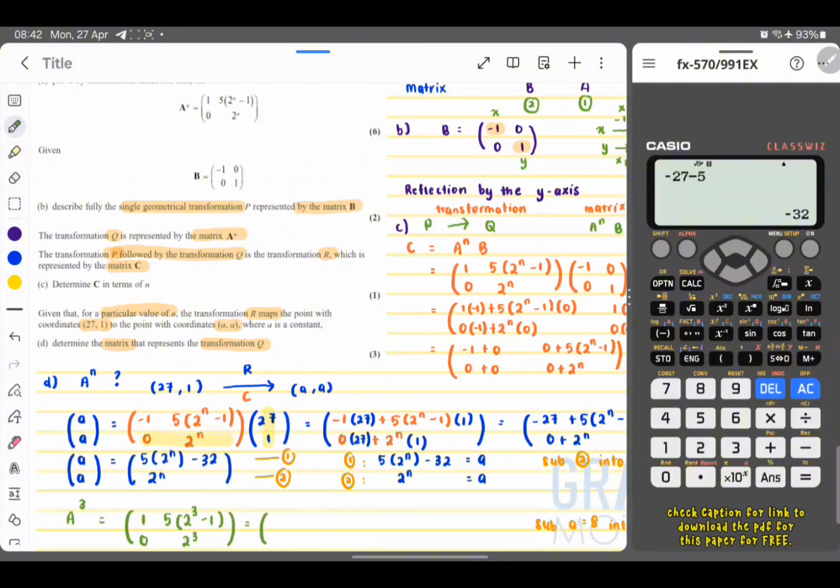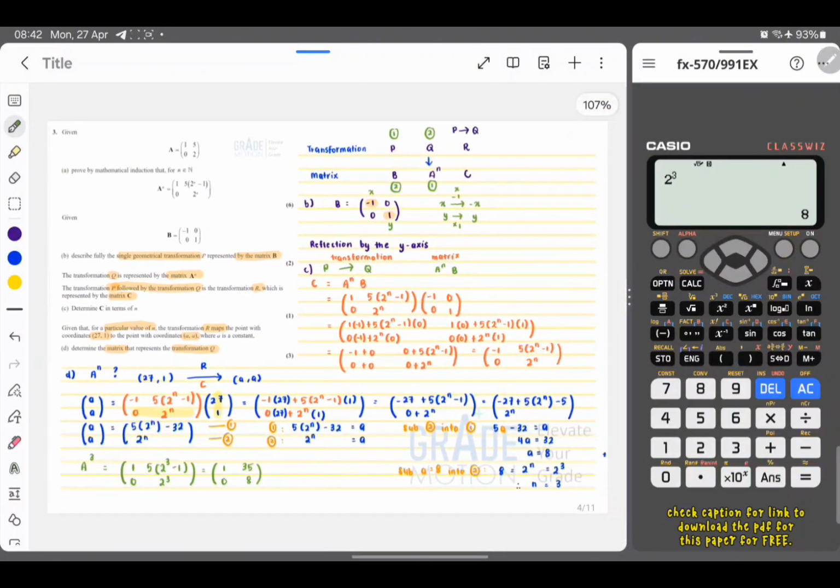This is equal to 1, 0, 5, open bracket, 2 cubed minus 1. That is equal to 35. And over here we have 2 cubed. That is 8. With that, we are done with part D.